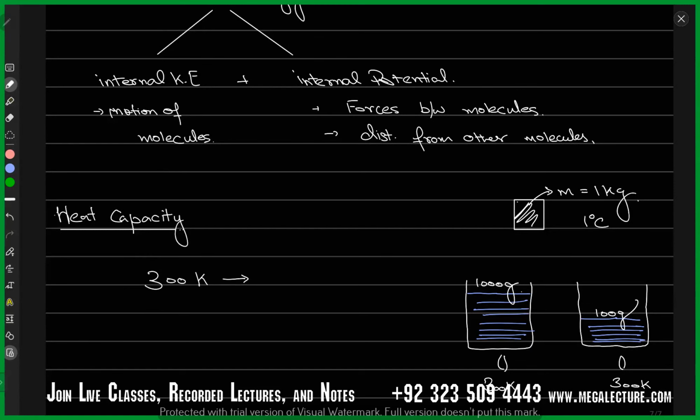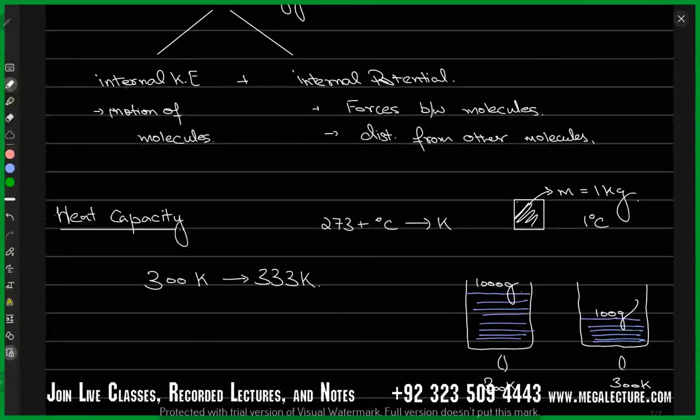You can pick any value. Let's take 60 degrees Celsius. That would be how many kelvins? 333, right? So you just add 273 to any degrees Celsius and it converts to kelvins. So that would be 333 kelvins.